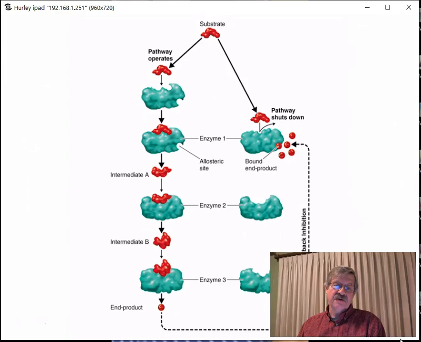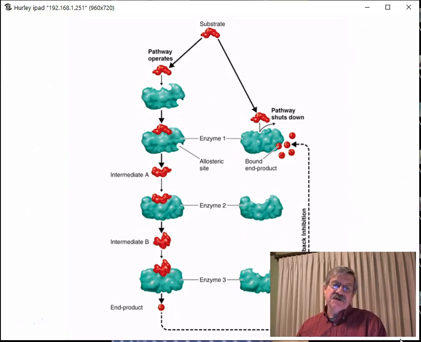You get a different end product, intermediate B, which feeds into a different enzyme, enzyme 3. Now, the end product from that whole metabolic pathway can come back around and bond to that first enzyme and act as an inhibitor. In that case, a non-competitive inhibitor, since it's bonding to an allosteric site. Okay.